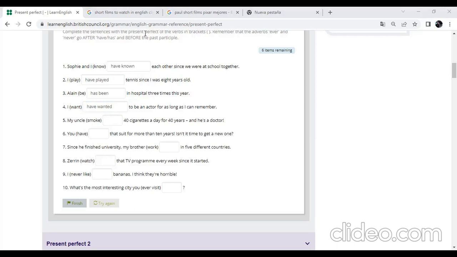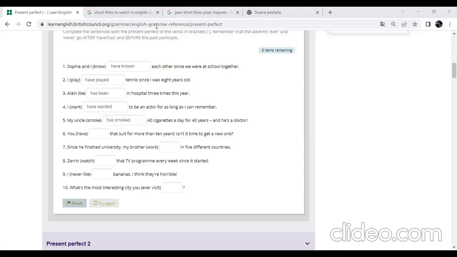My uncle has smoked 40 cigarettes a day for 40 years and he's a doctor. Good job. What is the meaning here?